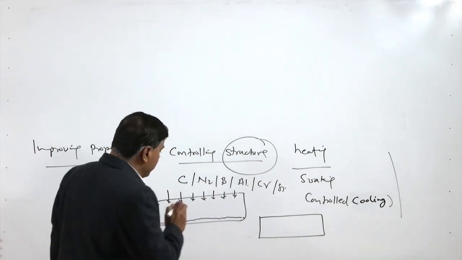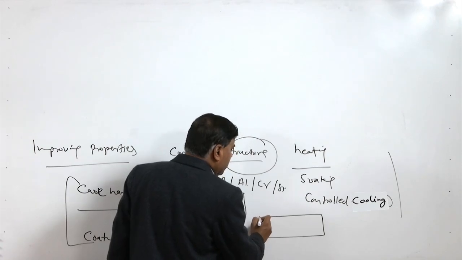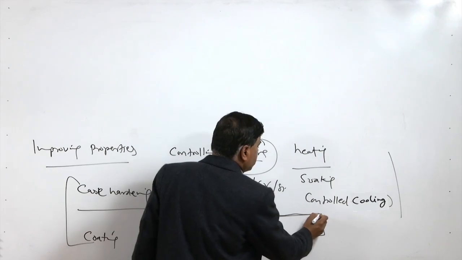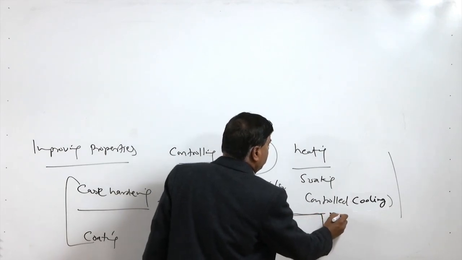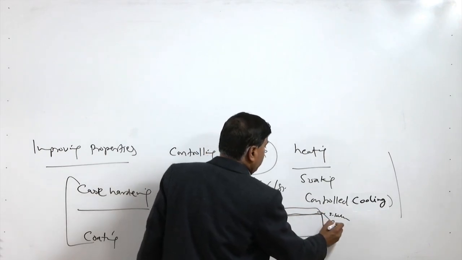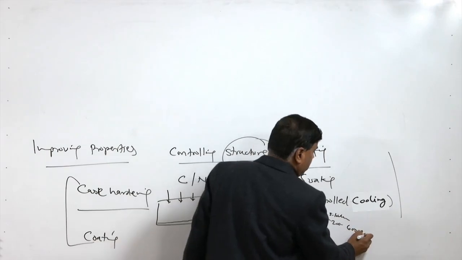When we apply coatings, the coating may be very thin, like, say, 5 to 10 micrometer, or it may be very thick, like, say, 200 to 600 or even 1000 micrometer.